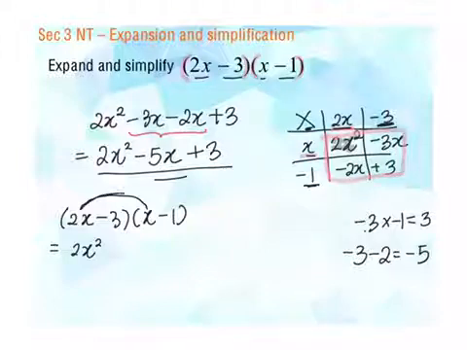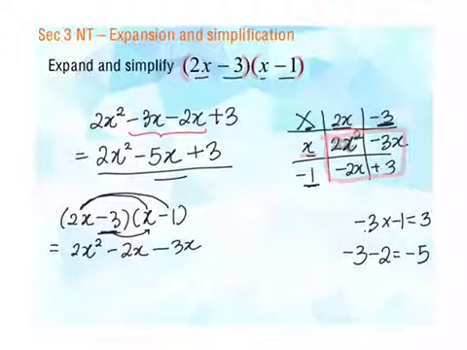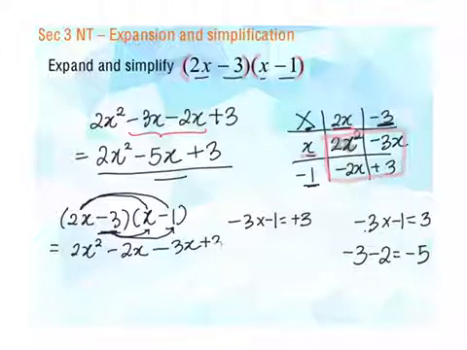Then 2x multiplied to negative 1 will be negative 2x. Negative 3 multiplied to x will give me negative 3x. Last but not least, negative 3 times negative 1. Negative times negative become positive. 3 times 1 is 3. So this will become positive 3.